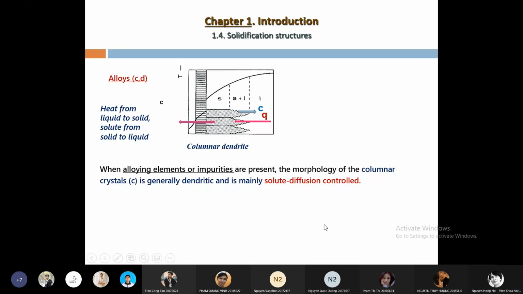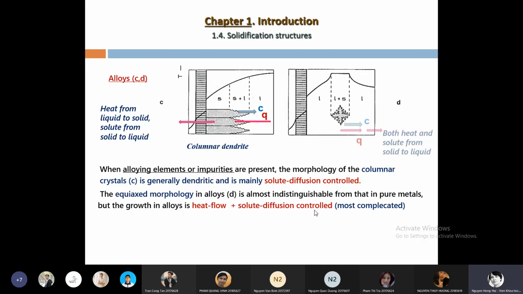Two flows. In this case, we have the heat from liquid to solid and to environment, and solute alloy element the same, also from the solid to liquid, as in this case.